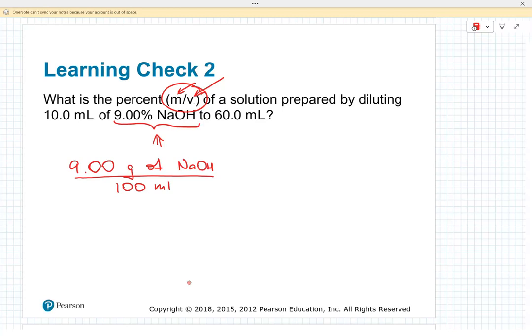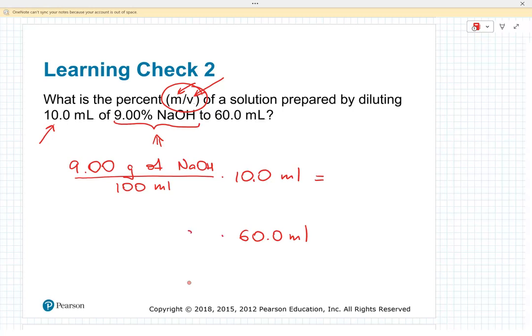And what is the starting volume? It's in mils, right? Does that make sense to everybody? Now, this shows you how much sodium hydroxide we have in those 10 mils. Am I making sense? So, the volume that we want to dilute it to is 60 ml. Correct?